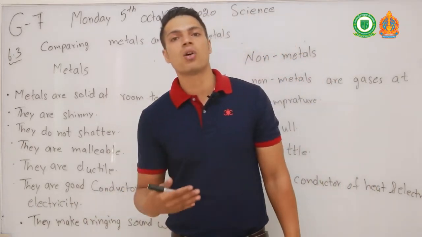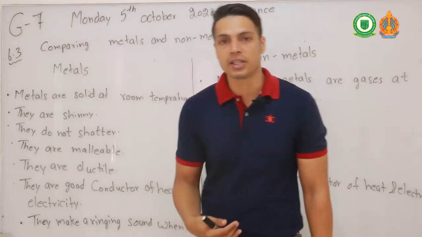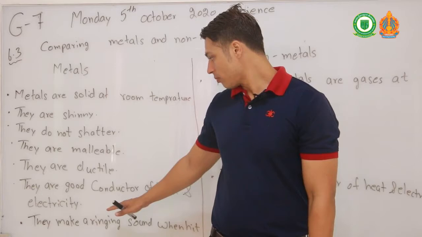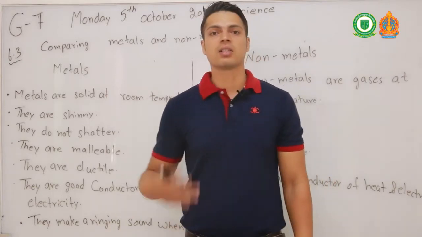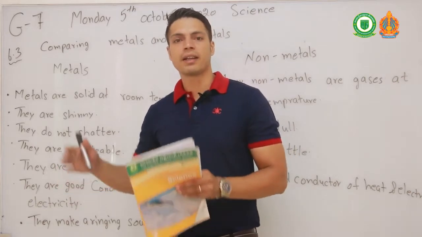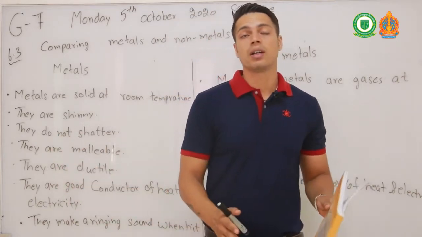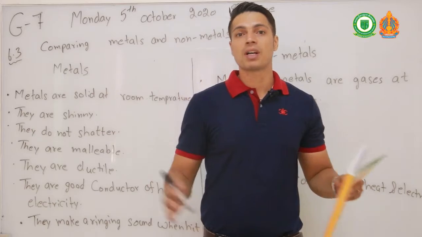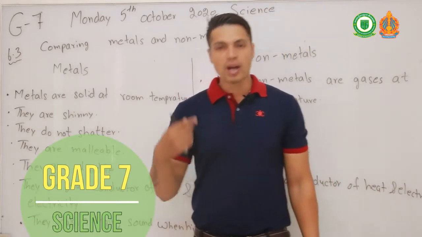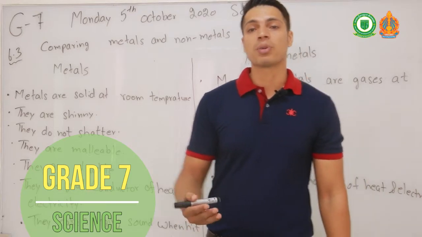They are good conductors of heat and electricity. What does it mean, good conductor of heat? That means heat and electricity can be passed through metals. Why is steel used to make pans?